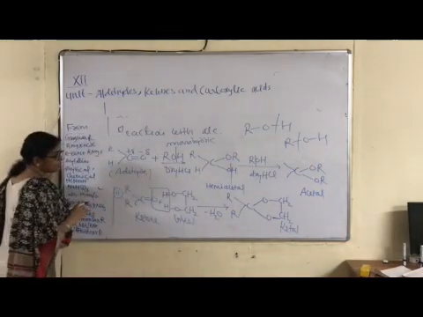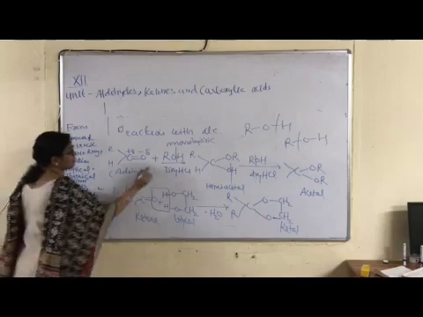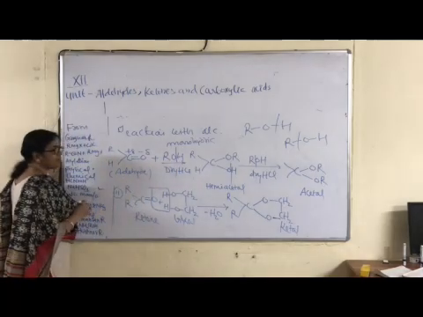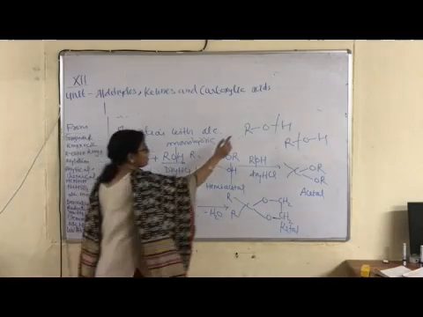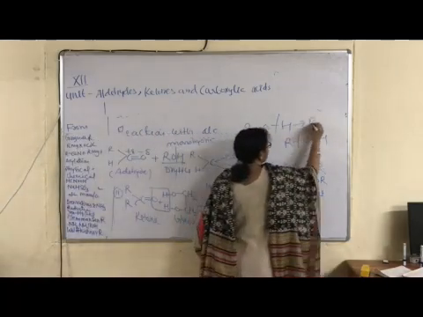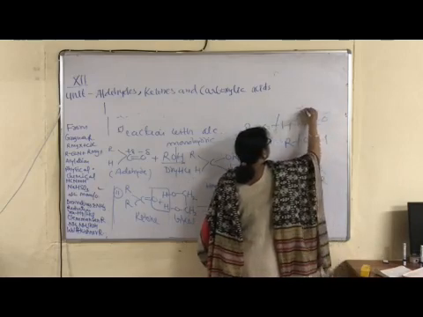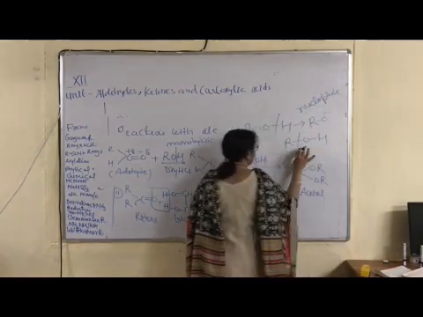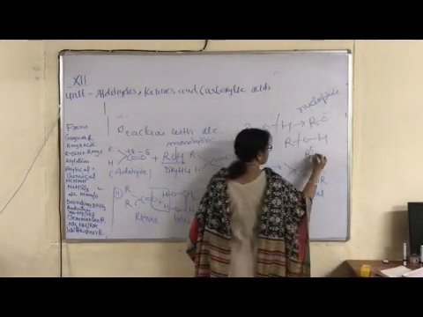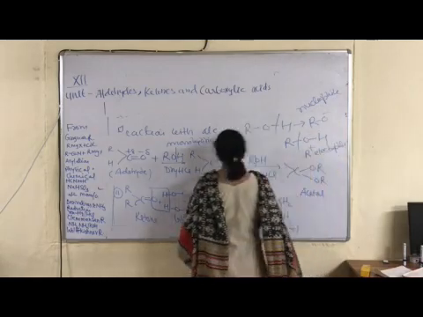Right? In this case, in the first step, what is the type of cleavage? The type of cleavage is O-H. It means production of a nucleophile, RO minus. After this cleavage, what is obtained? RO minus, which acts as a nucleophile. In the second case, R plus, which acts as an electrophile.